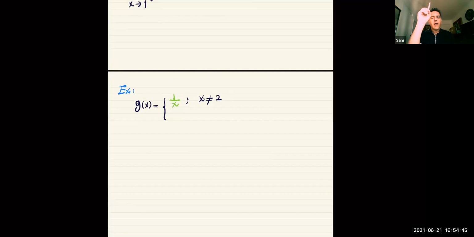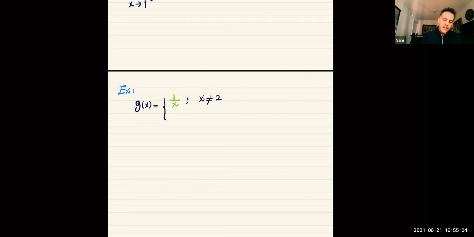It's the reciprocal function. It has asymptotes. Now, of course, as Haida said, the domain of this function excludes 0. But I also want to take 2 out of the domain of this graph.